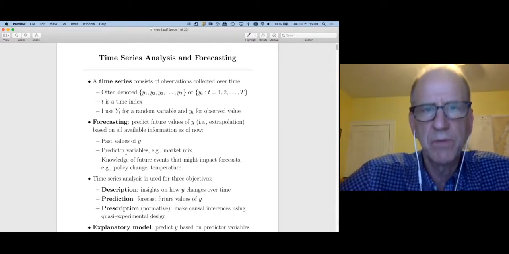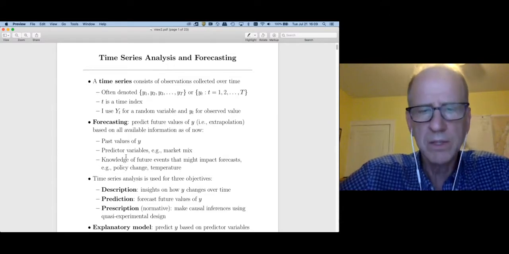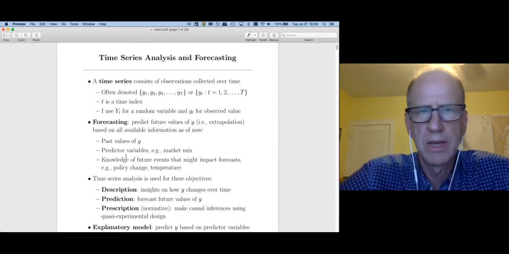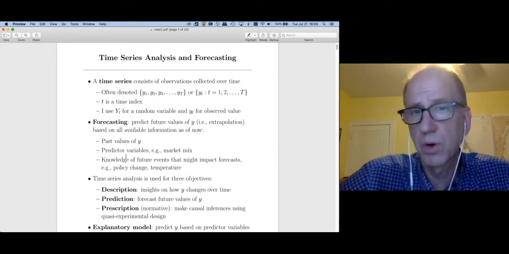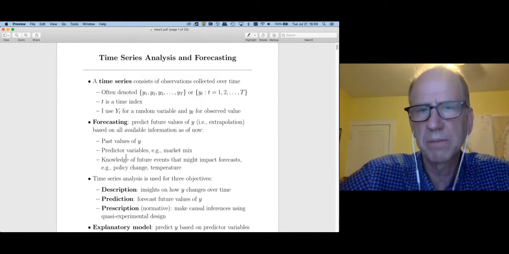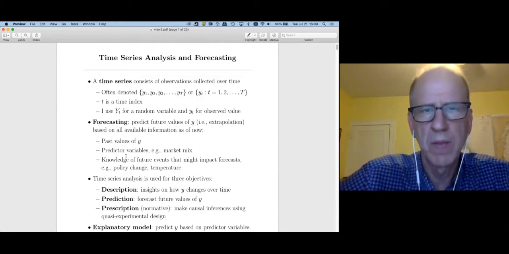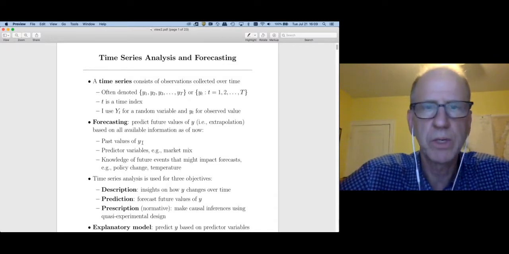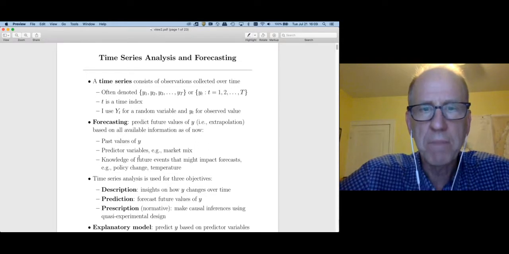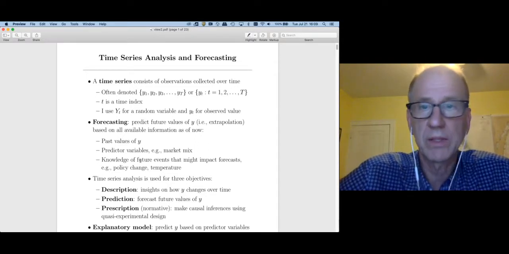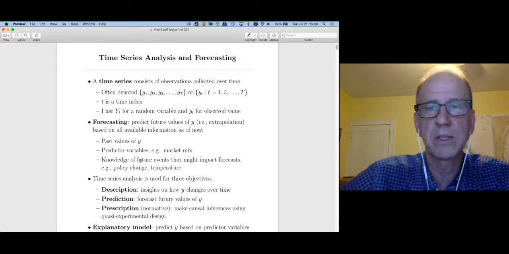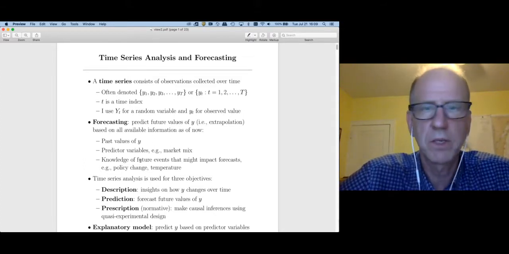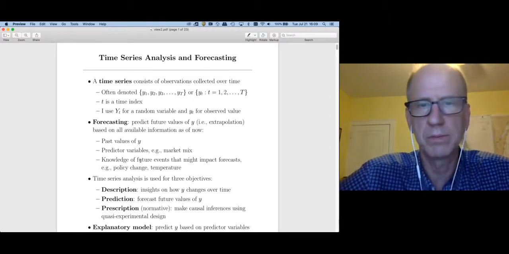Another class of information that we have available is knowledge of future events. These future events, I may not have control over, but I know something about them. For example, if my Y is beer sales next week, or in week T, I might know what the weather forecast is going to be. If the weather is going to be warm, maybe people will drink more beer than if it's going to be cold and rainy, because then you don't want to go out and have a picnic.